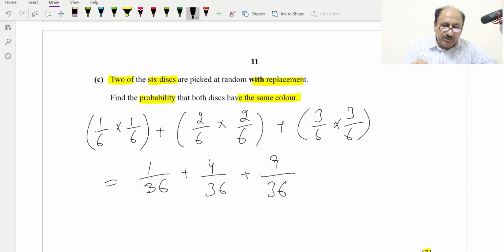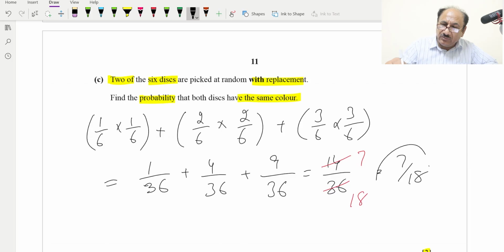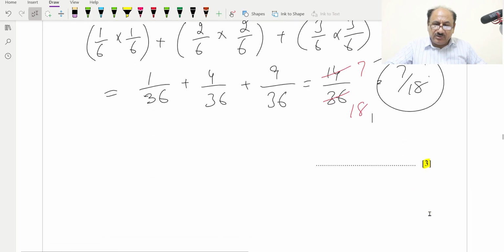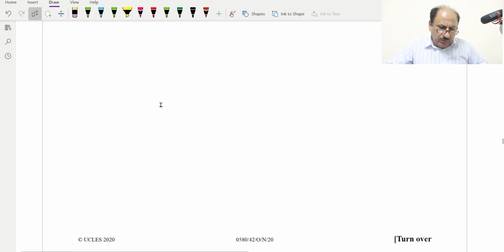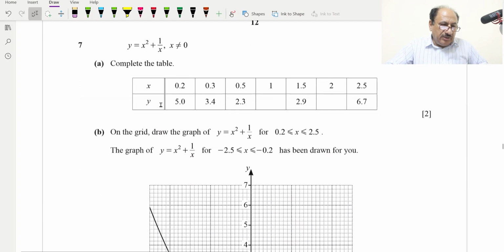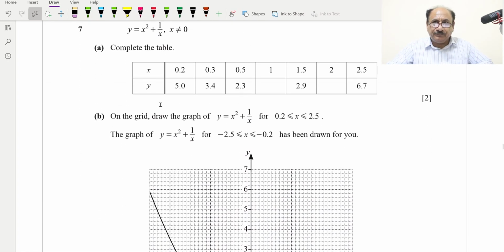This will be 14 over 36, and now we can cancel this. 2 7s are 14 and 2 18s are 36, so our answer will be 7 over 18. This will be our final answer. This is again a 3 marks question. Good. So we are done with this question.